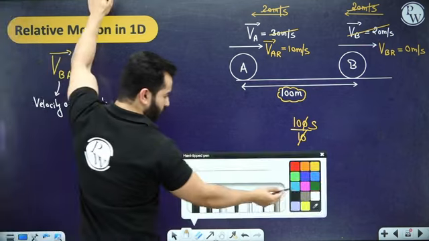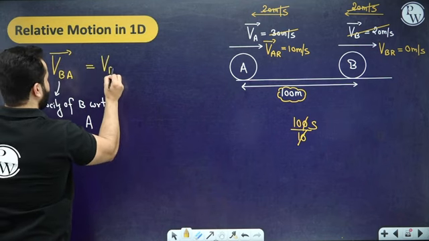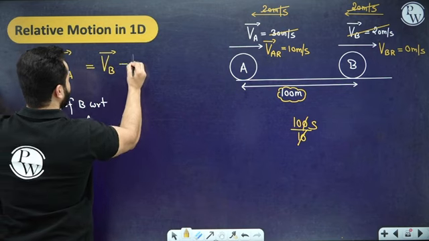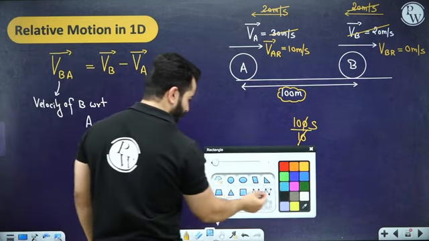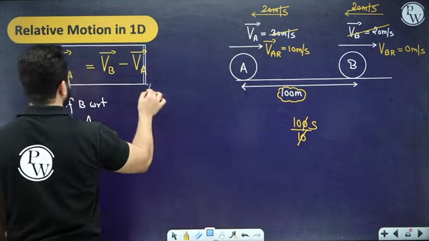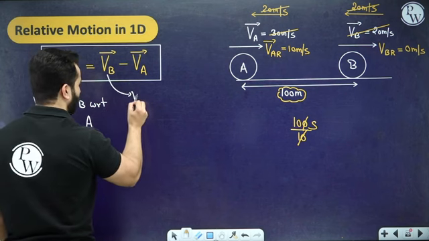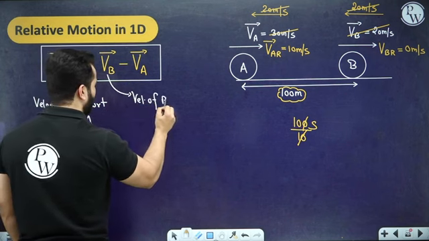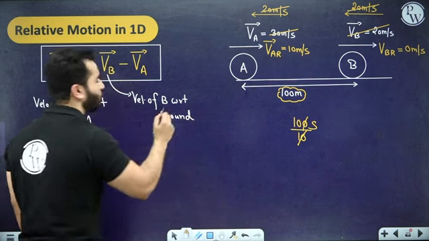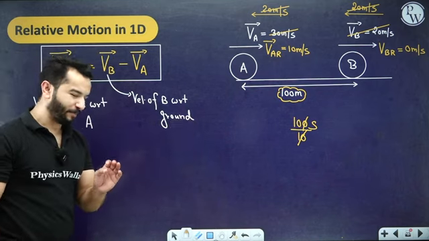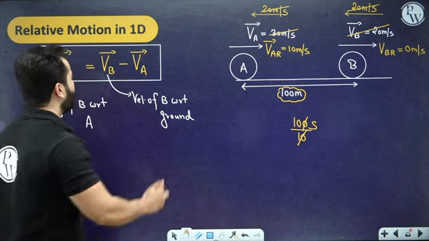It will be equal to VB minus VA, where VB and VA is, this is velocity of B with respect to ground, which can also be called the absolute velocity of B. Although absolute velocity does not mean anything, yes, we are assuming that ground is at rest, right?